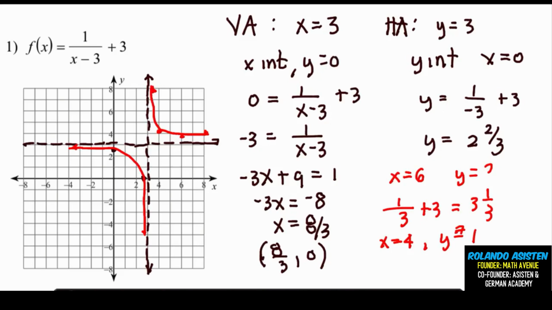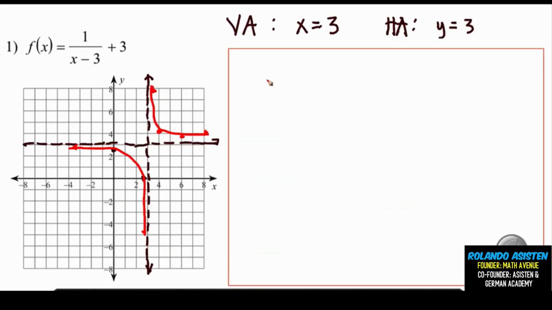For a rational function, we are interested in its domain and in the end and local behaviors of the graph. So let's do that. At this point, let's identify now the domain, the range, and the end behavior as well as the local behavior of this function. The domain is the set of all x's such that x is not equal to that number that will make this denominator 0, and that number is 3, which is our vertical asymptote as well.